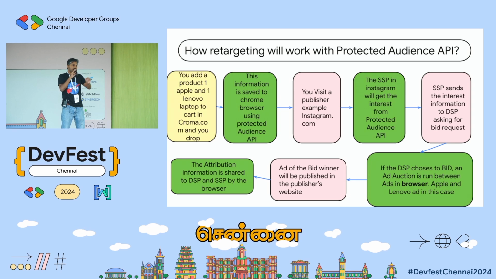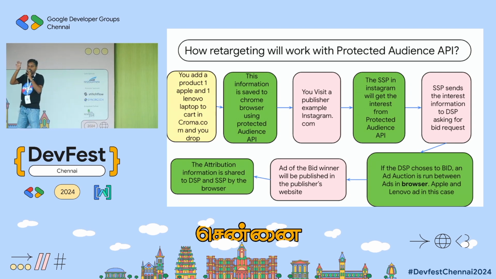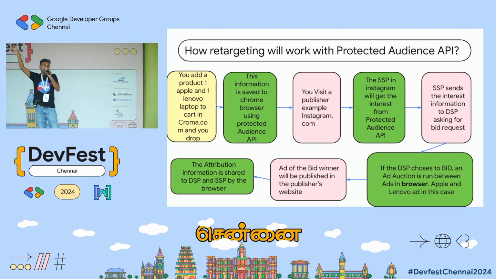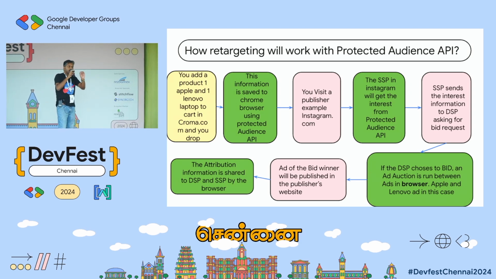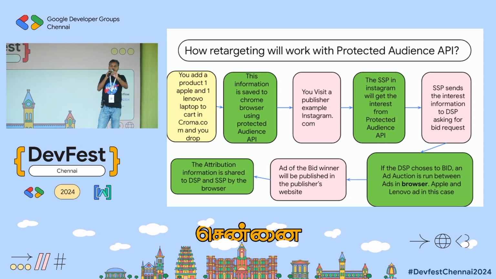But now the browser takes control, and all of your critical data is not moved out of the browser. Some anonymous data is still given, for example, that this browser is interested in electronics, mobile, computer. This kind of anonymous information is given, but not as in the previous state.